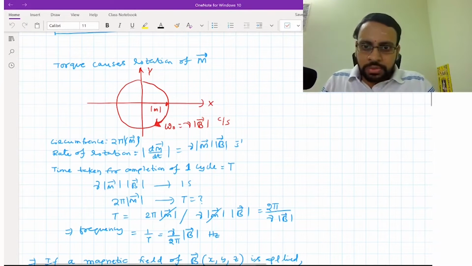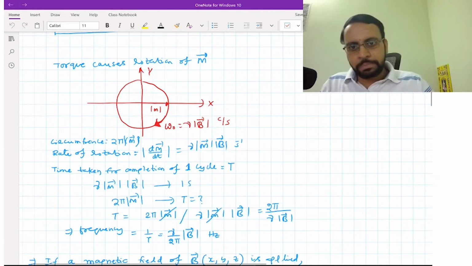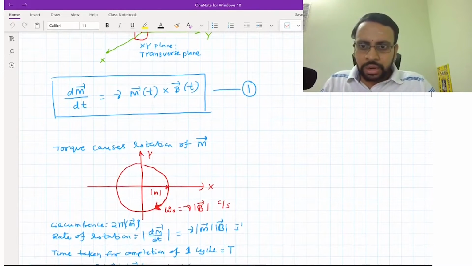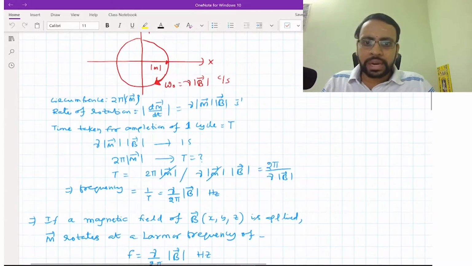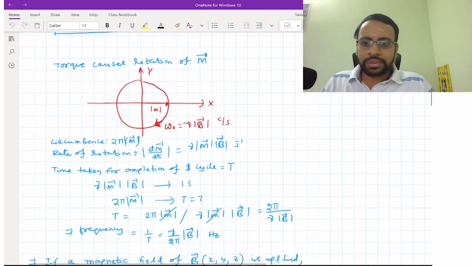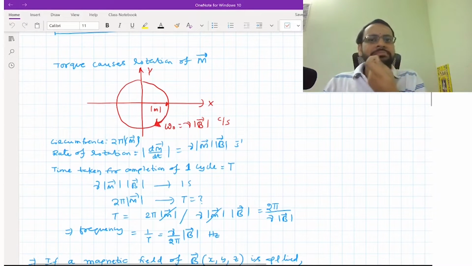For making one rotation, its circumference is 2 pi times the magnitude of M, and from here you know the rate at which it is rotating, which is dM bar by dt. What you would like to compute is how much time it takes to complete one rotation.